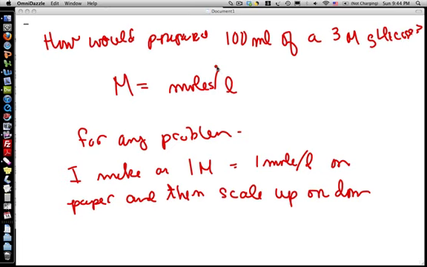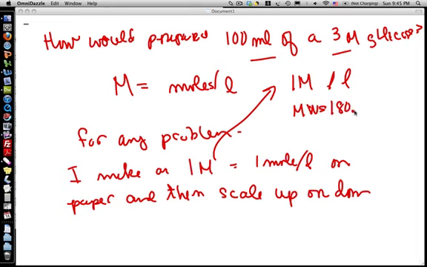Okay, so that's what it's asking us to do. It's a certain volume, a certain concentration. And what I say is, I'm going to make a 1 liter, 1 molar solution. Because to make a 1 molar solution of 1 liter, I would just weigh out the molecular weight in grams, which is 180.